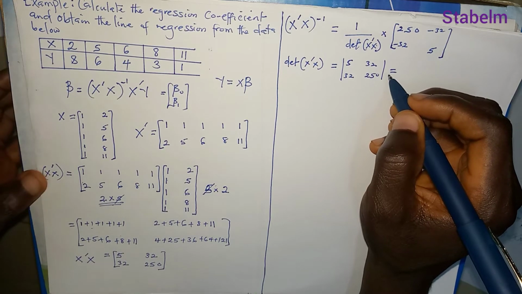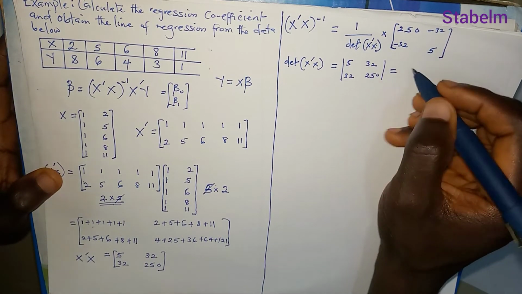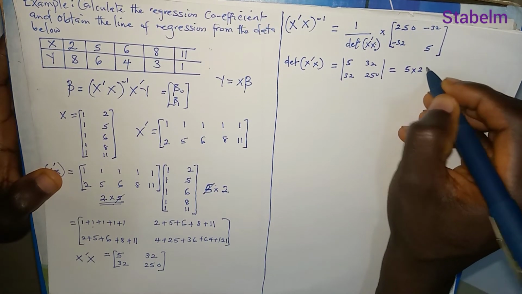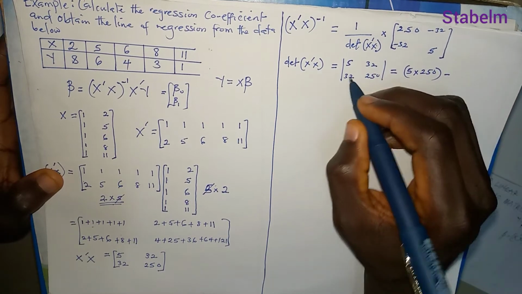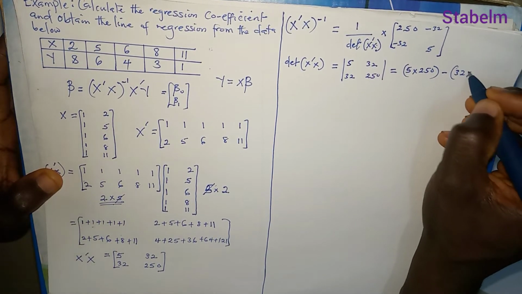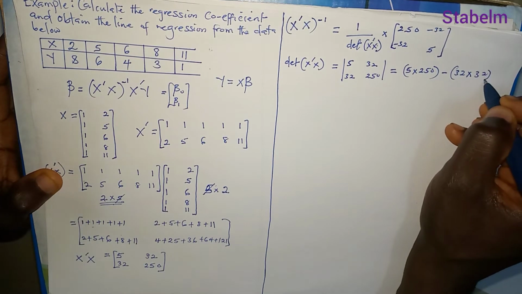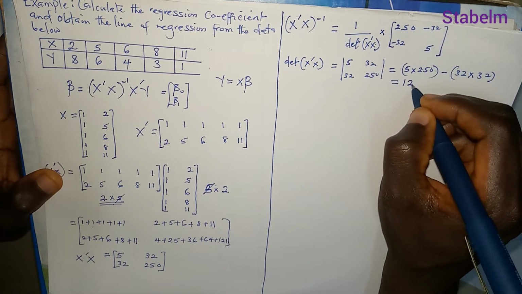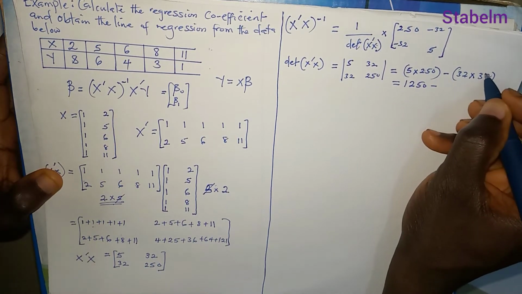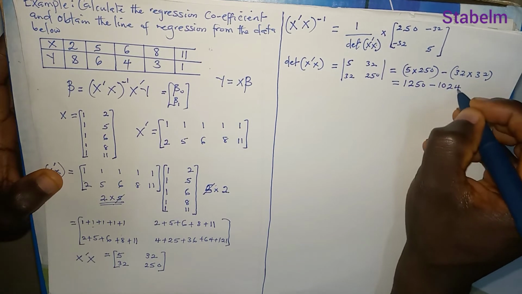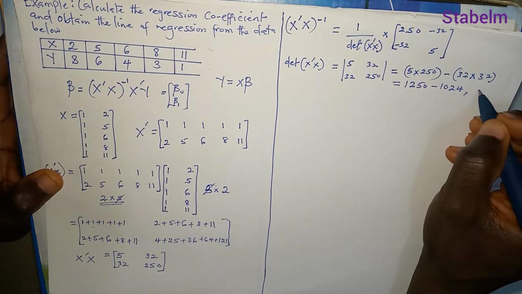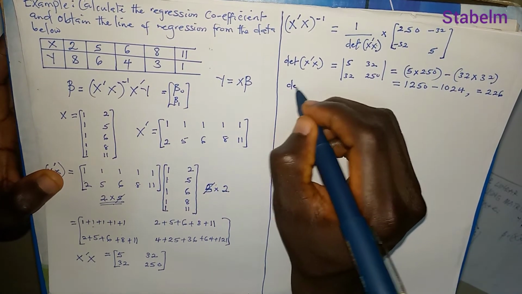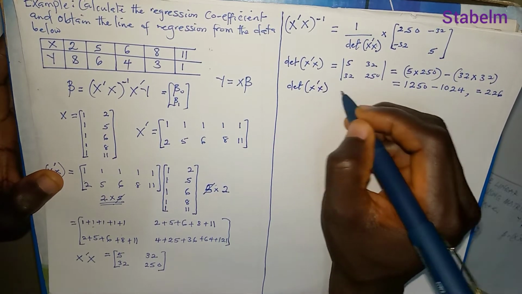This is 5 times 250 minus 32 times 32. 5 times 250 equals 1250, minus 1024. Subtracting this from this will definitely give us 226. Therefore, determinant of x prime x equals 226.